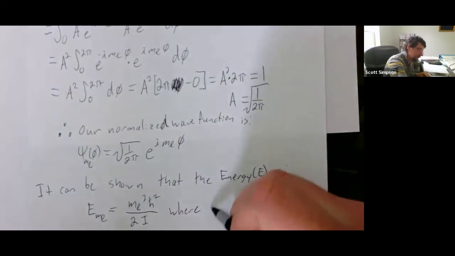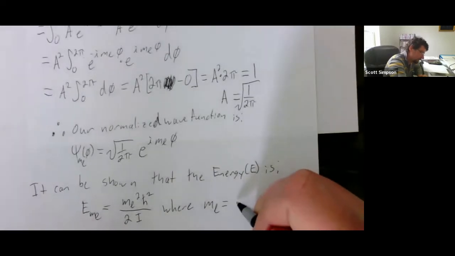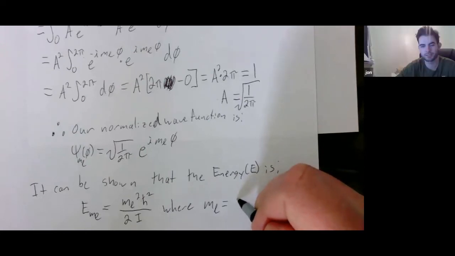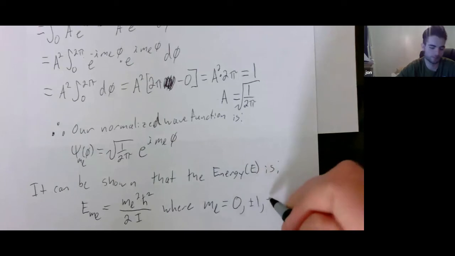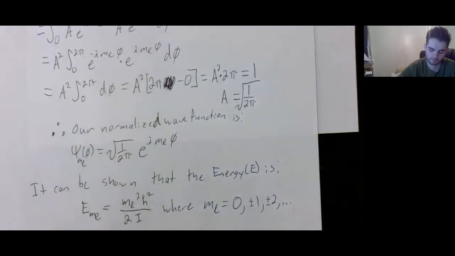What are acceptable values for m sub l again? 0, plus or minus 1, plus or minus 2, and so on forever.